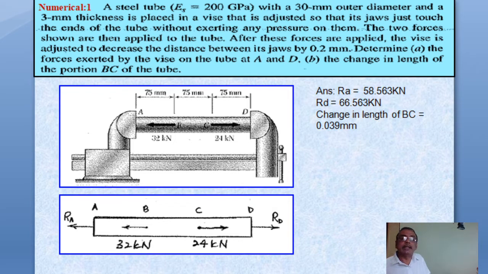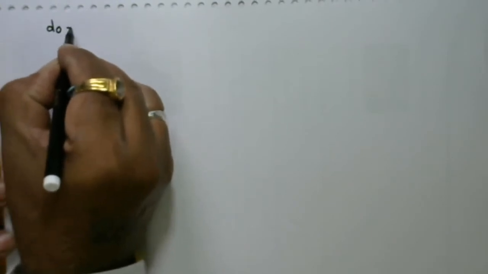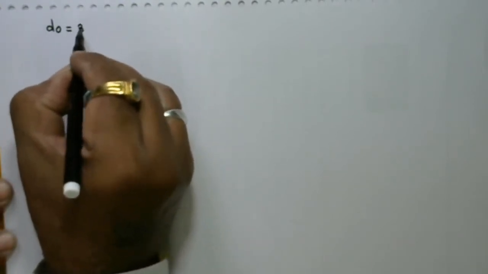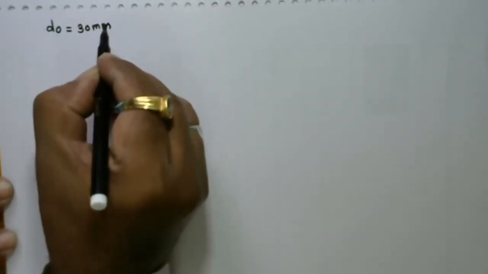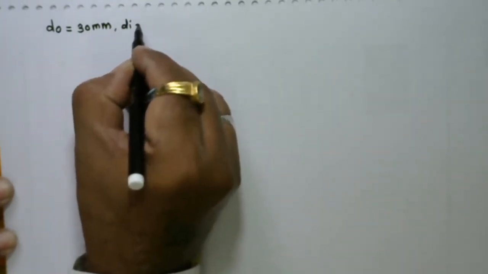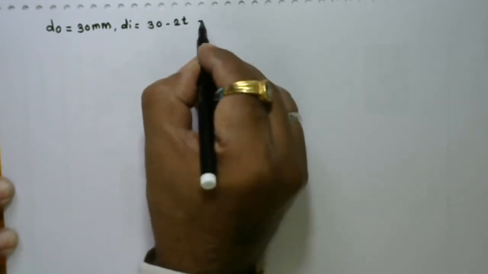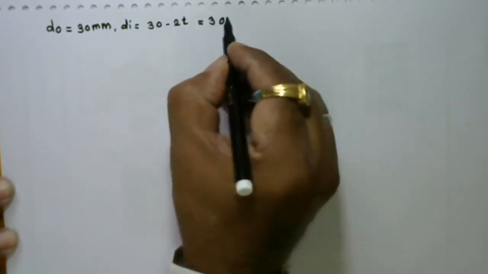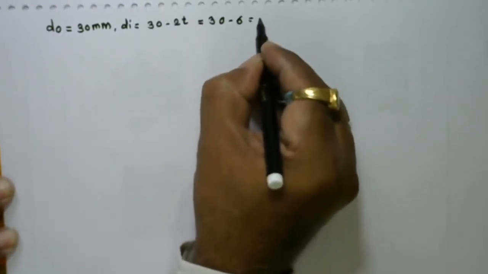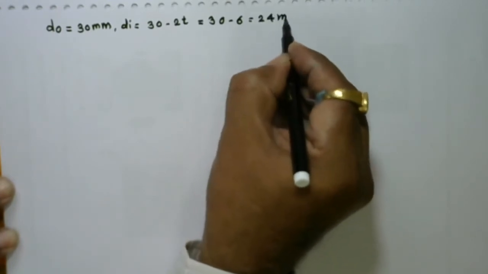Now let's see the numerical. First note down, we will collect the data. Here outer diameter Do is equal to 30 mm. Inner diameter Di is equal to 30 minus twice t, so it becomes 30 minus 6, that is 24 mm.